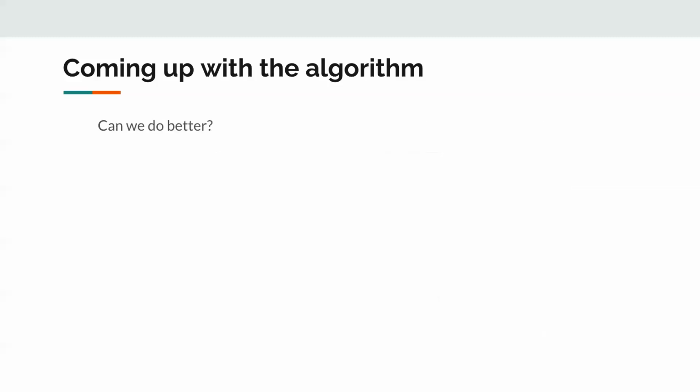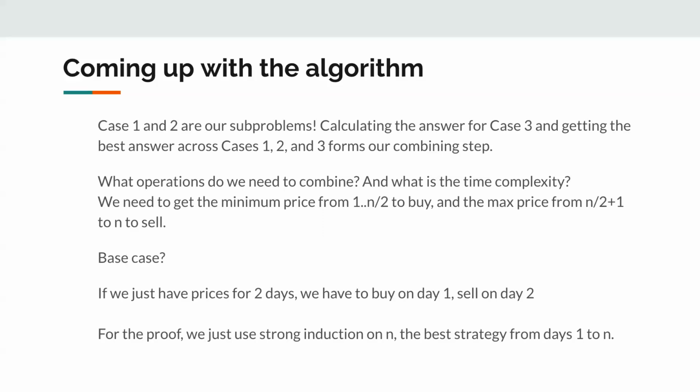And then, as Jenny pointed out, can we do better? What we saw here is, the problem asked us to do n log n. So we just did what they were asking us to do, and we didn't think about optimizing further.